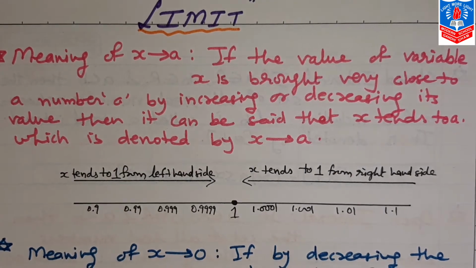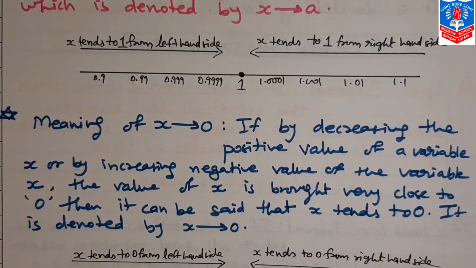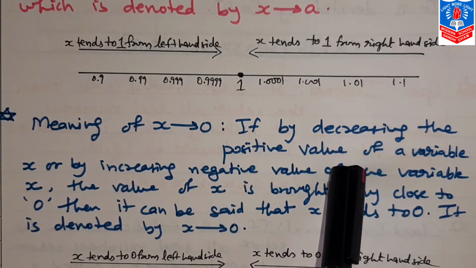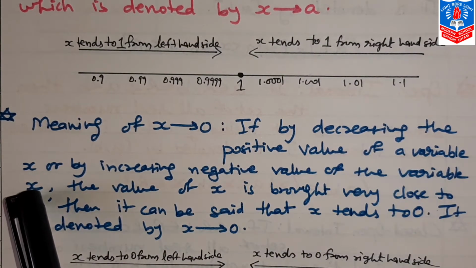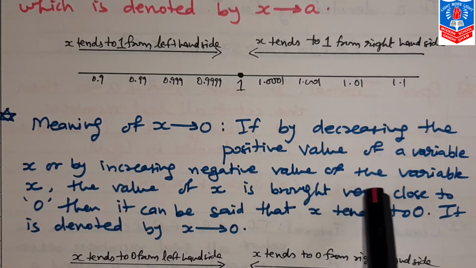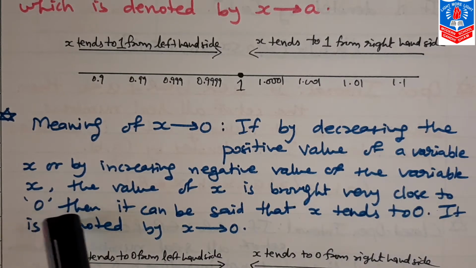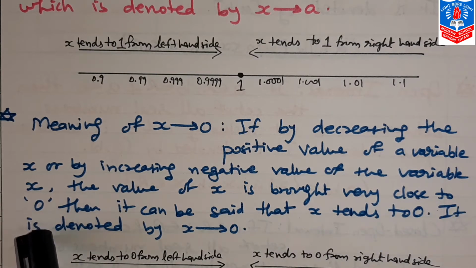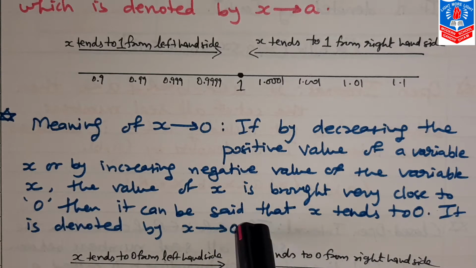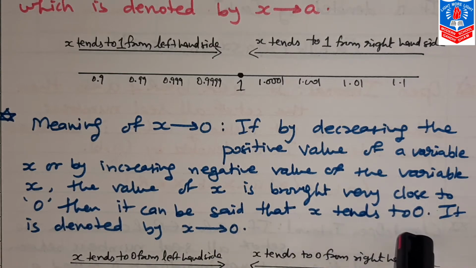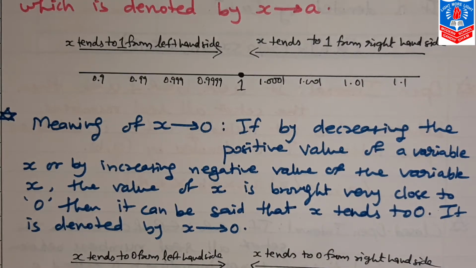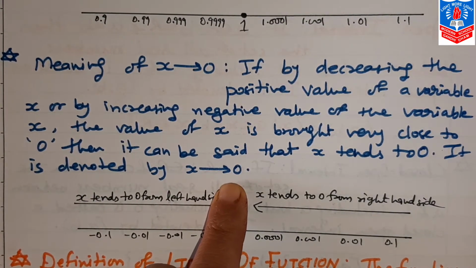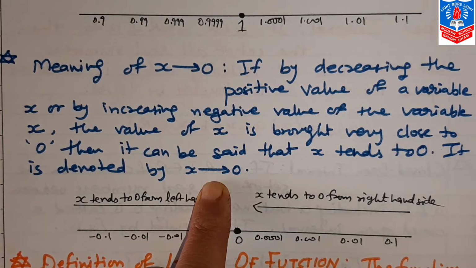Next, x tends to 0. If by decreasing the positive value of a variable x or by increasing the negative value of the variable x, the value of x is brought very close to 0, then it can be said that x tends to 0, which is again denoted by the sign of tends.